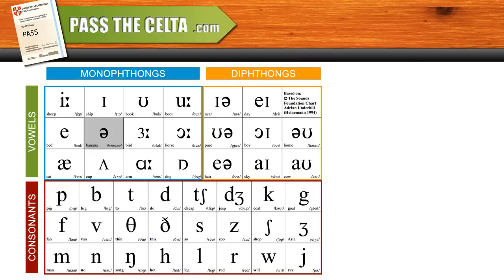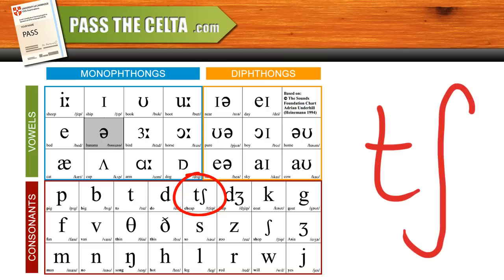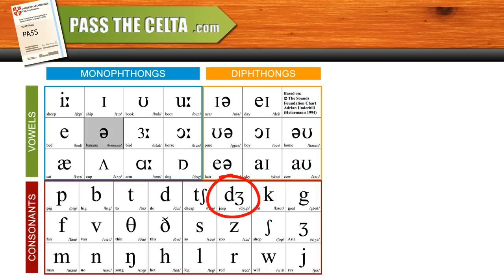But as we progress through the consonants here, there are some symbols that are probably less familiar to English writers. The first one is ch, as in cheap. And this is represented by what looks to be the Latin letter T and what looks to be the Old English S that you sometimes see in archaic textbooks. Like that. Ch, as in cheap. Our next one is j, as in jeep.